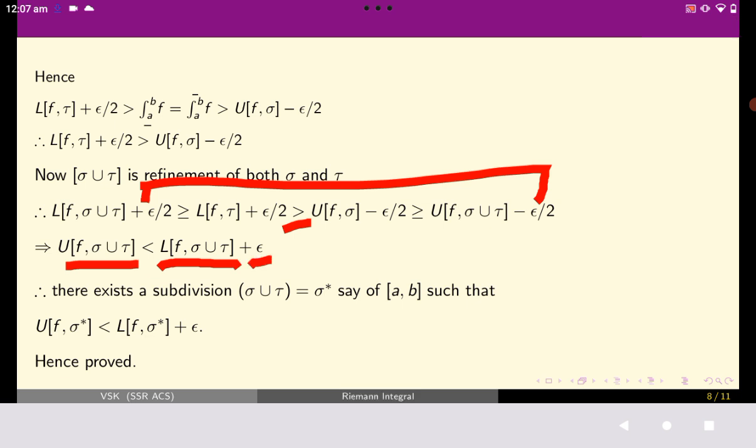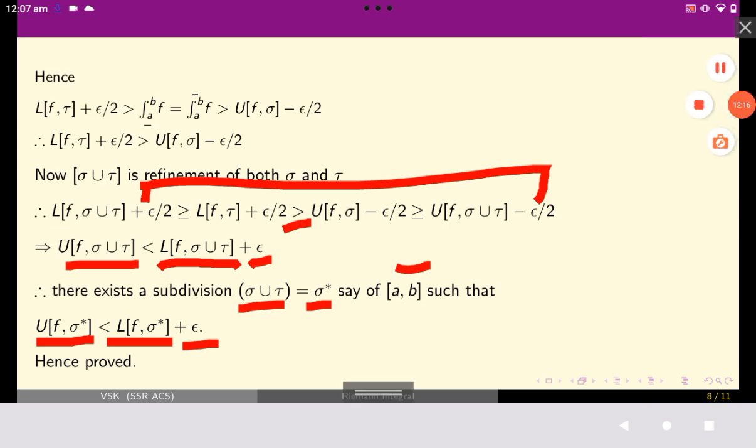Now this sigma union tau we can call sigma star, a subdivision. So we obtain a subdivision of AB such that the upper Riemann sum with respect to sigma star is less than the lower Riemann sum with respect to sigma star plus epsilon. So in this way, this theorem is proved.